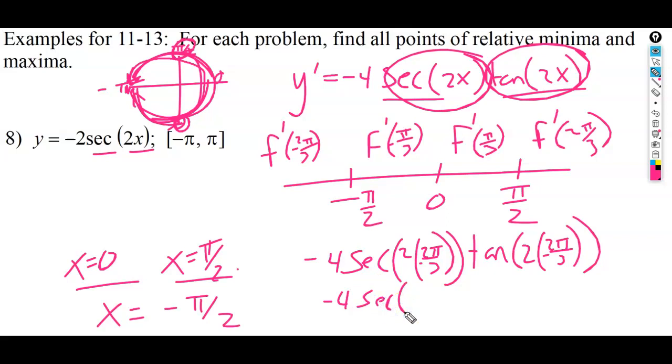If I multiply these, I get negative 4 pi over 3.